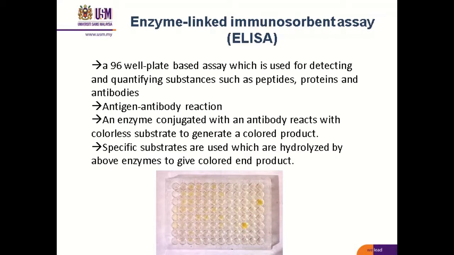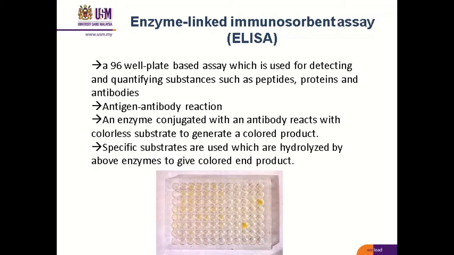The next serological test which is used in the lab is the enzyme-linked immunosorbent assay, ELISA, a 96 well plate based assay which is used for detecting and quantifying substances such as peptides, proteins, and antibodies.